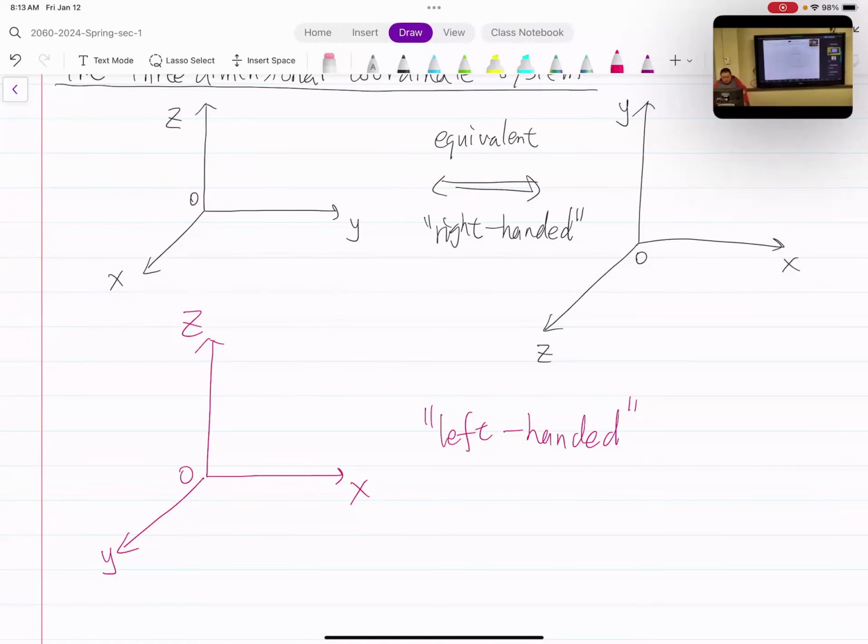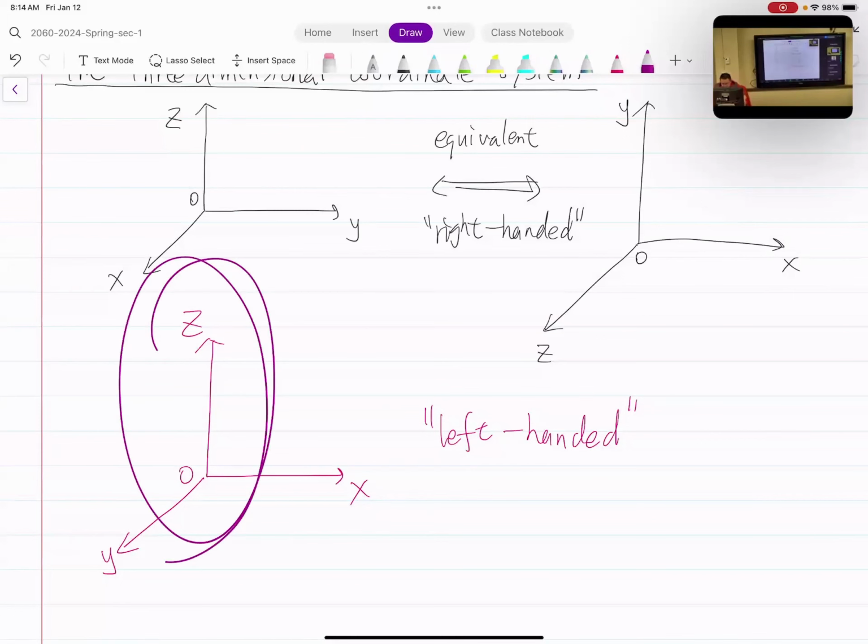Of course, you cannot really rotate your right hand and get your left hand in three-dimensional space, right? So through rotation, you cannot get one from another. You cannot get the red coordinate system from the black one, and vice versa. So we have two kinds of coordinate systems in 3D. That's really up to the direction of the z-axis, right?